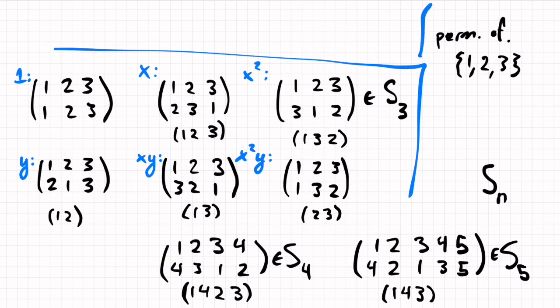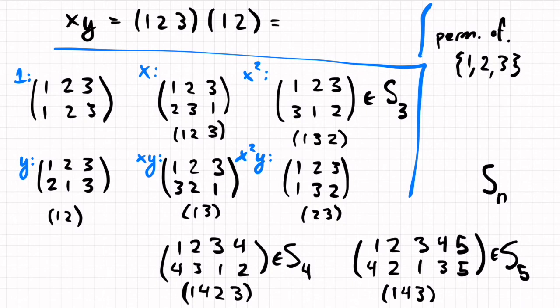So let's do xy, which equals (1 2 3) times (1 2). And if we remember, the way that these permutations apply is first we apply the permutation that's on the right, then we go further and further to the left.